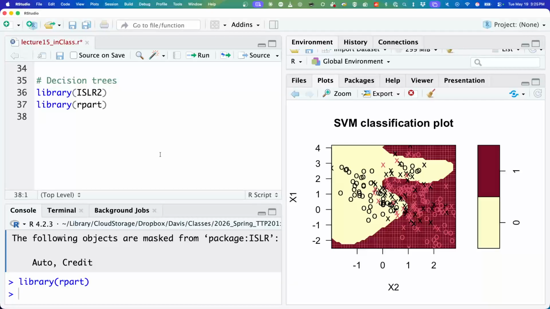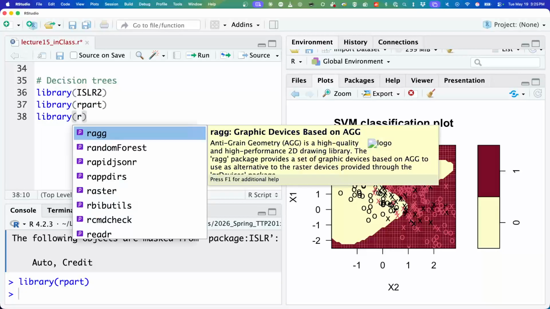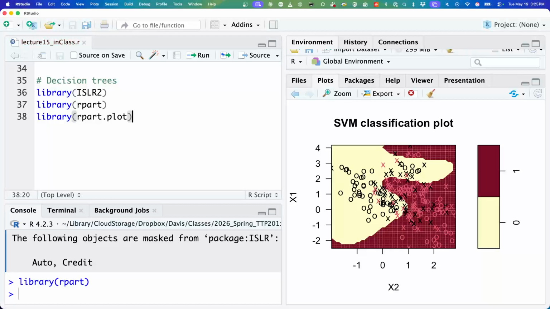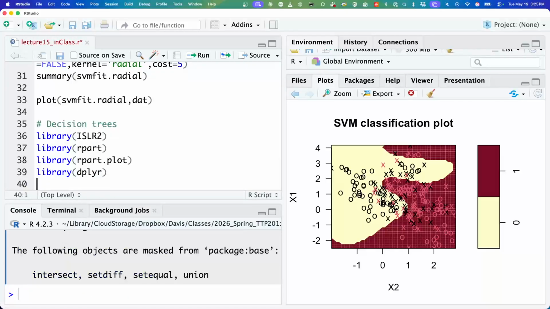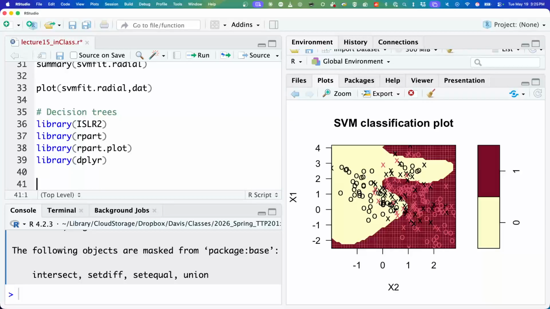We are going to use rpart, which is a library that does decision trees and random forests and that sort of thing. There's a separate library called rpart.plot, which helps plot the decision trees. That'll be really handy for us to visualize things, and then I'm going to use dplyr to do some of the data manipulation.